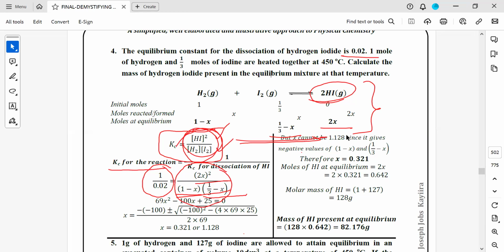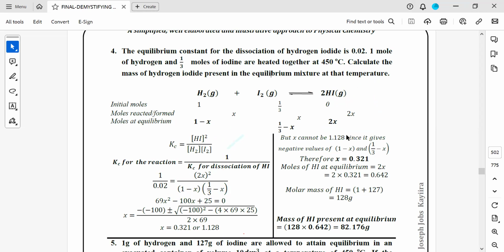So basically, that is what you need to understand about the degree of dissociation. Just need to have the feel at the back of your mind, because that is why we are trying out different examples. Someone may say, why are we doing many examples? But these questions come in different forms. So for example, you may never have imagined that you can find Kc by having the 1 over the degree of dissociation.